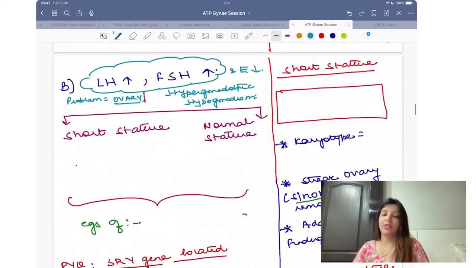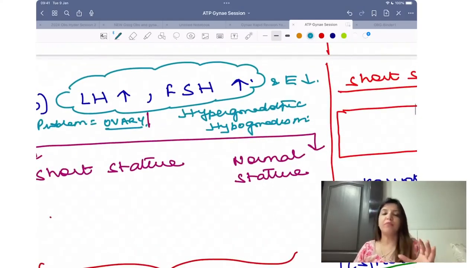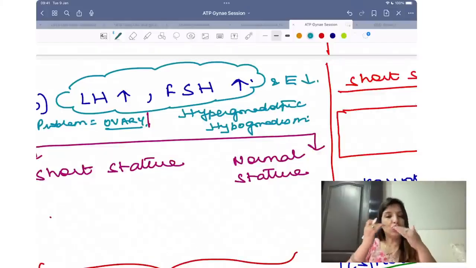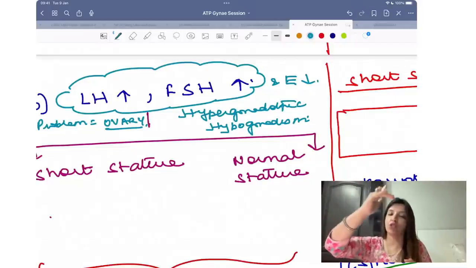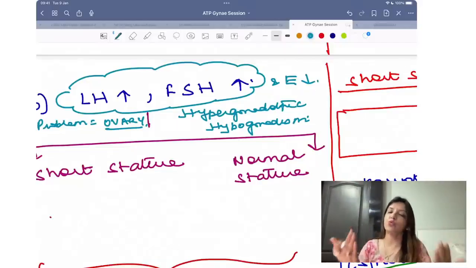Whenever the problem is in the ovary, understand, estrogen will be low. Because estrogen is low, negative feedback on LH and FSH will be gone, so LH and FSH would be high.